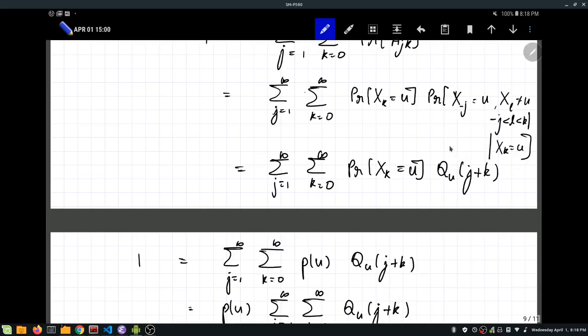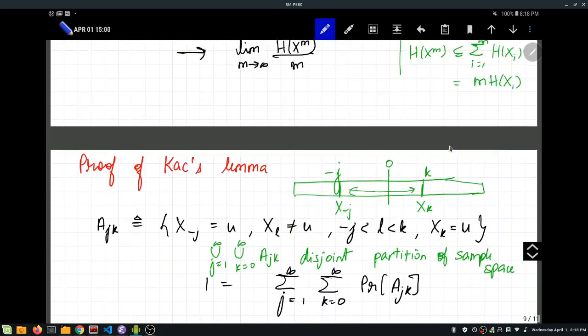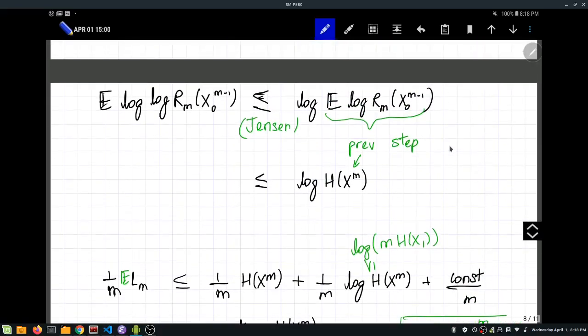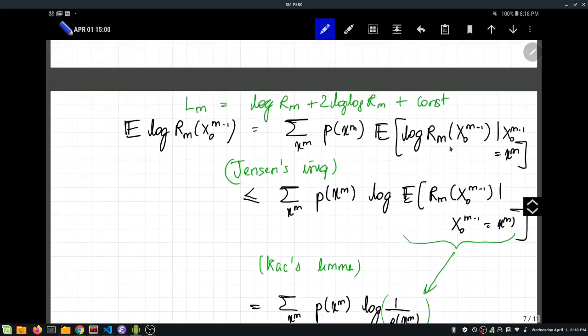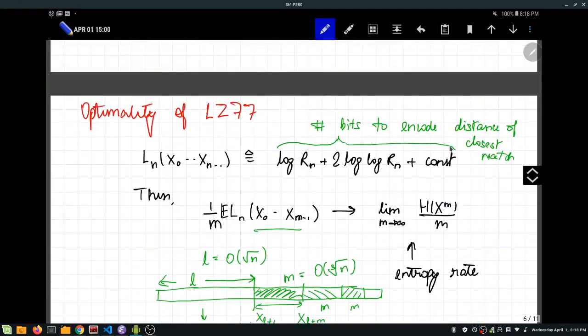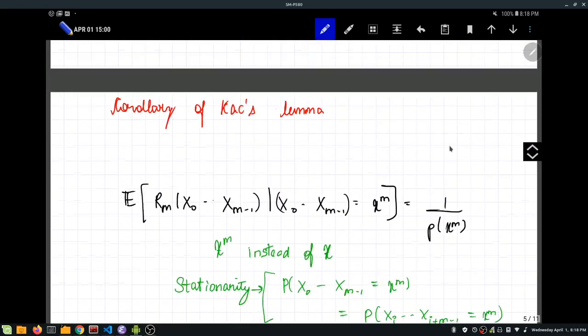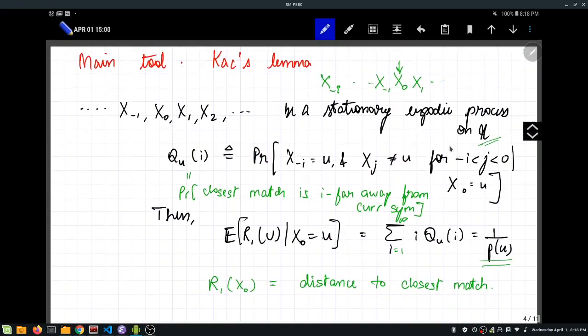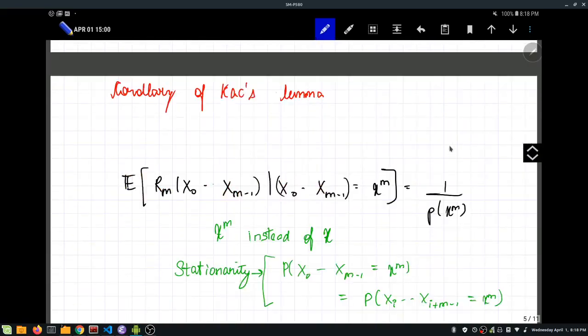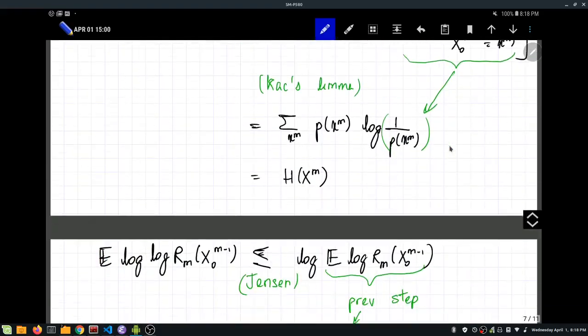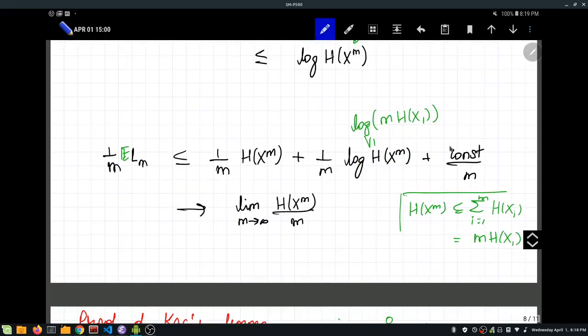The second quantity is simply q_u of j plus k, as we have defined earlier. So go back to the definition of q_u. Yes, this is q_u of j plus k, and this basically follows from stationarity of the process.